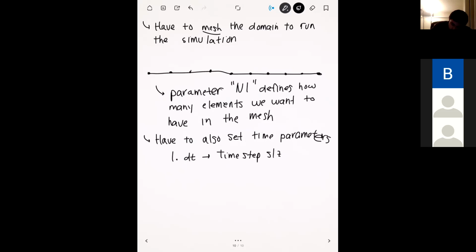Remember our analogy for a video in frames per second: dt determines how much time there is in between frames. The smaller the value for dt, the more accurate our simulation is. Another thing we have to set is the total number of time steps. You'll see that we'll set both of these in the code.